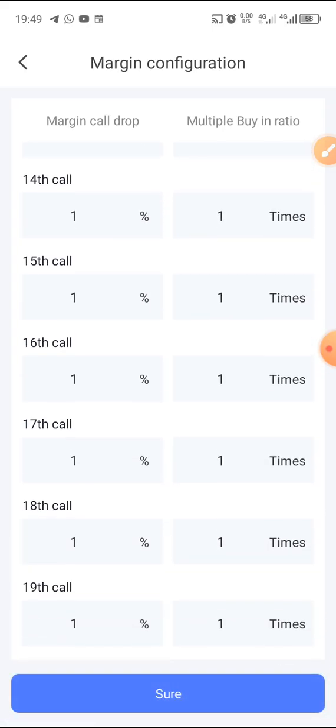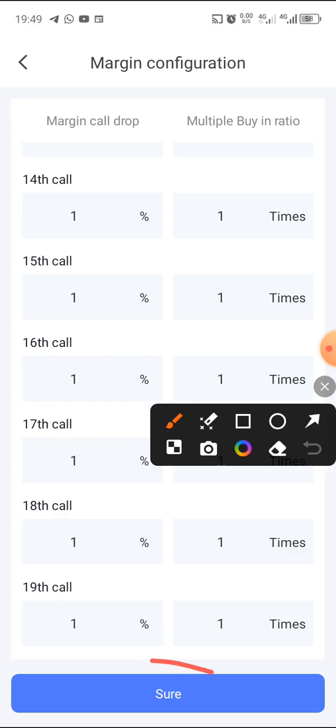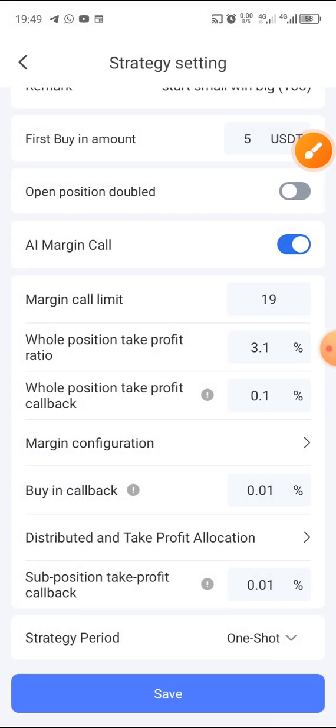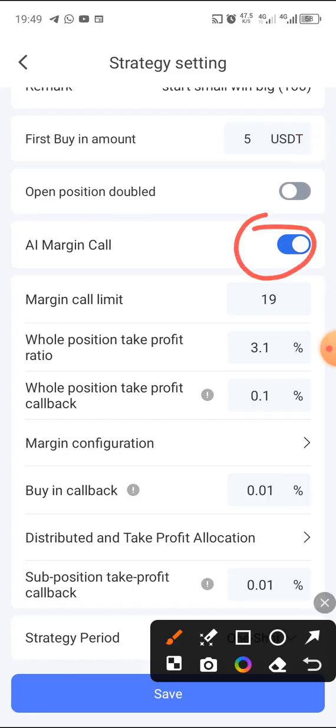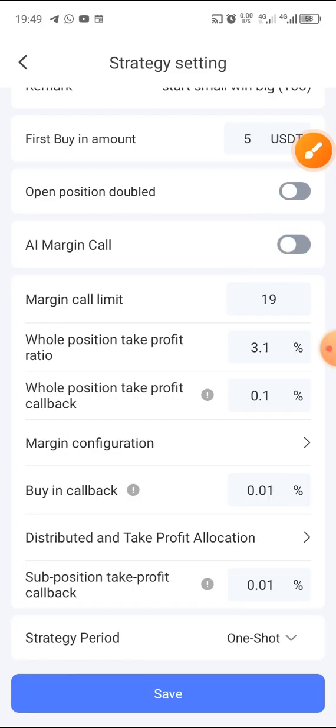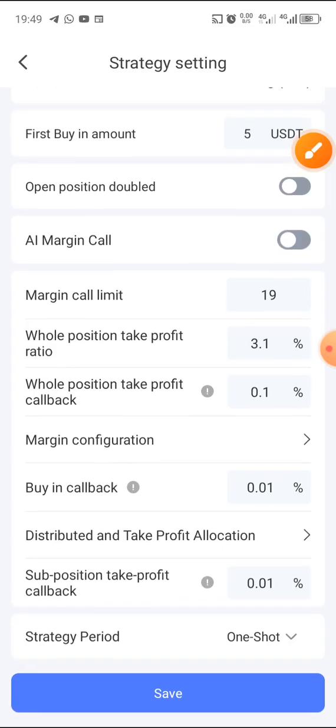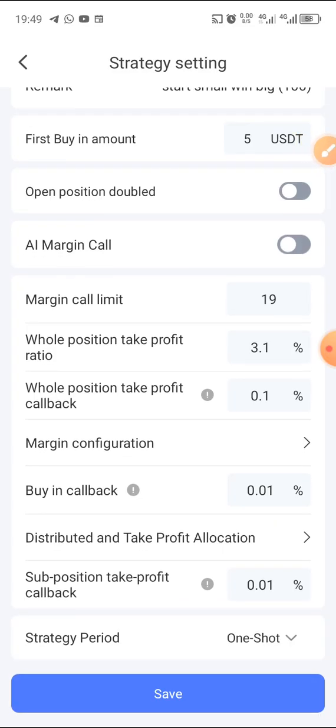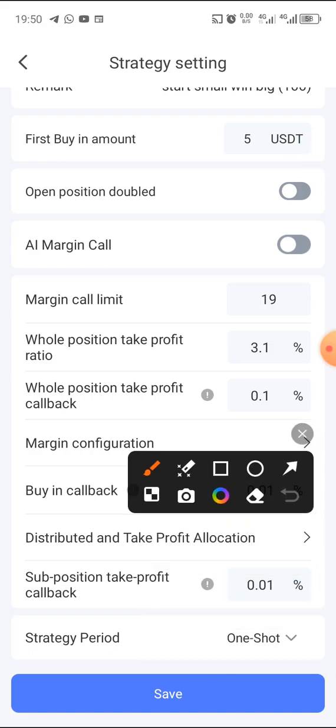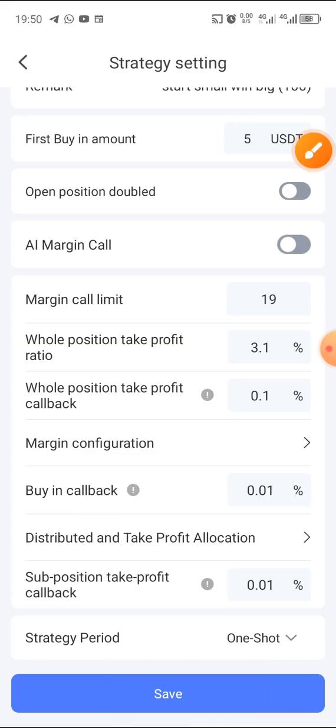Okay, after, come click sure. Make sure the AI margin call is off. In our coming sessions, I will be explaining why it should be off, when it should be on, depending on the market conditions. So after, come click save.